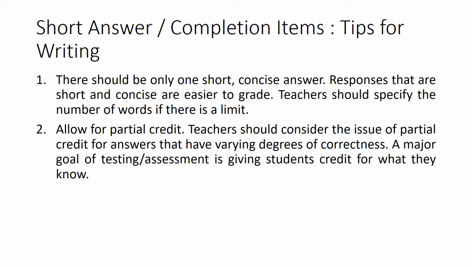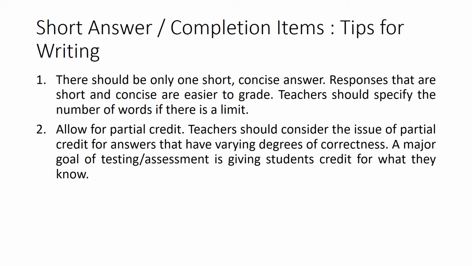Number two, allow for partial credit, which means you have to read the answer of your students carefully, word by word, and try to consider the parts that are correct, and give their scores depending on that.